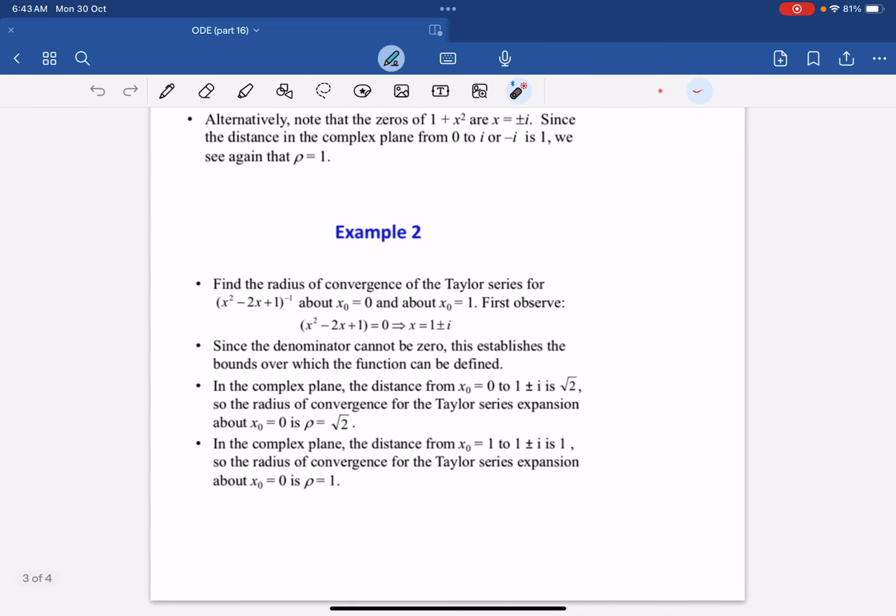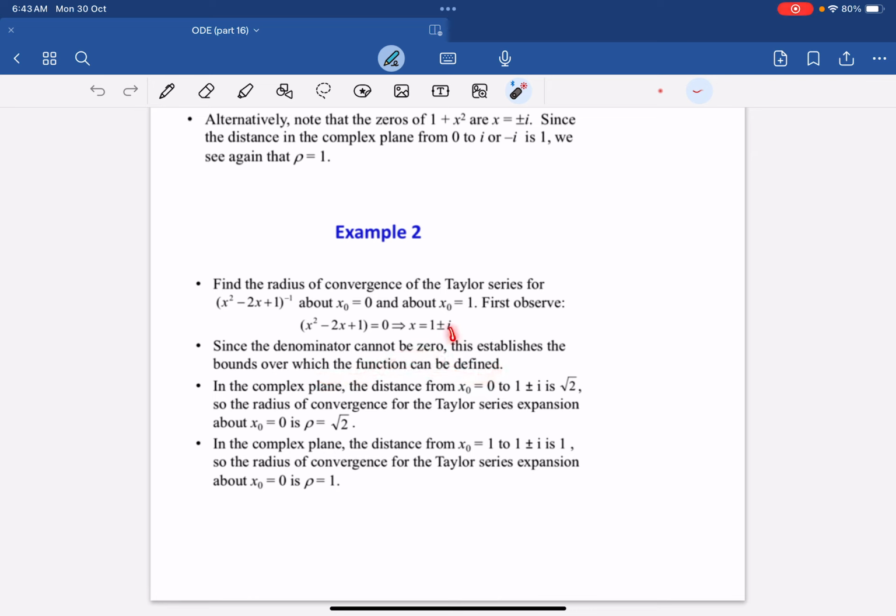Now, let's take a look at another example. We're supposed to find the radius of convergence of 1 over x squared minus 2x plus 1. We observe that when this polynomial equals 0, the complex roots are 1 plus or minus i. Since the denominator cannot be 0, this establishes the bounds within which the function can be defined.